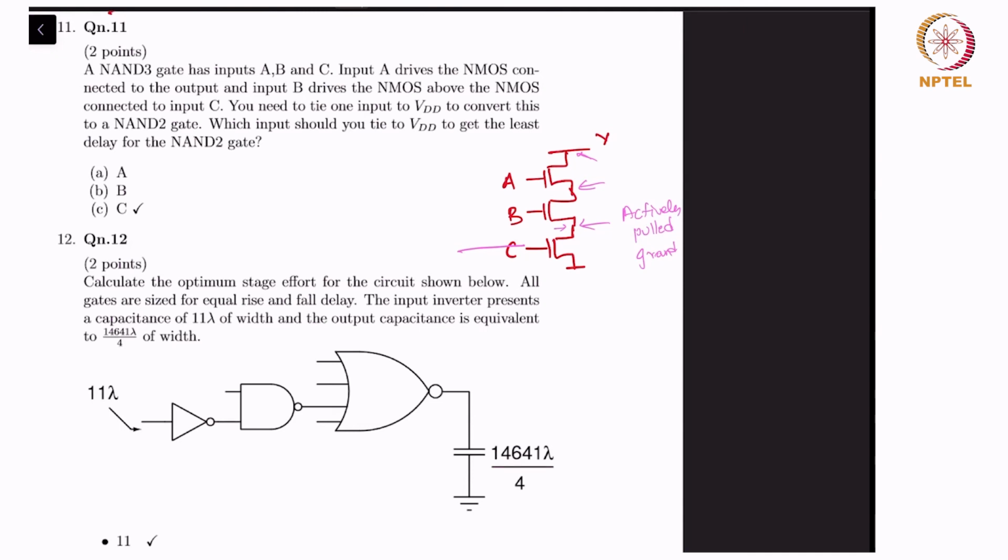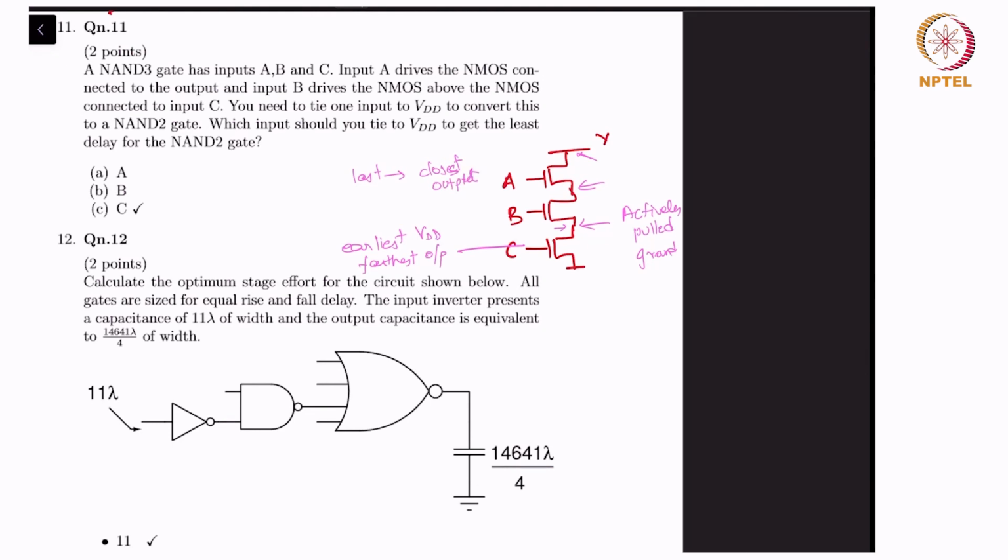And this is why the earliest arriving signal, which is VDD, stays farthest from the output. The latest arriving signal is closest to the output, right?